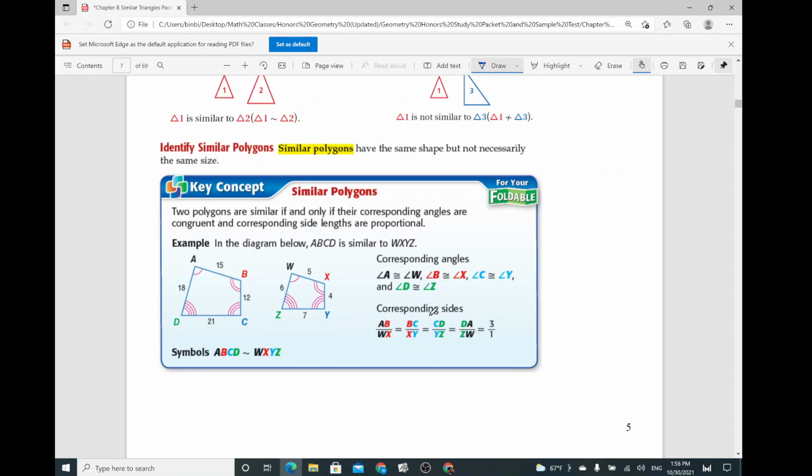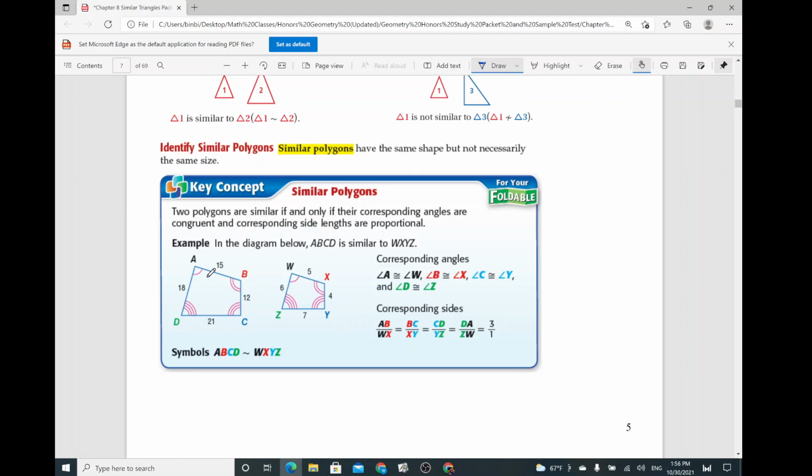The corresponding sides show proportionality: AB over WX has the exact same ratio as BC over XY, CD over YZ, and DA over ZW. The common ratio is 3 over 1.